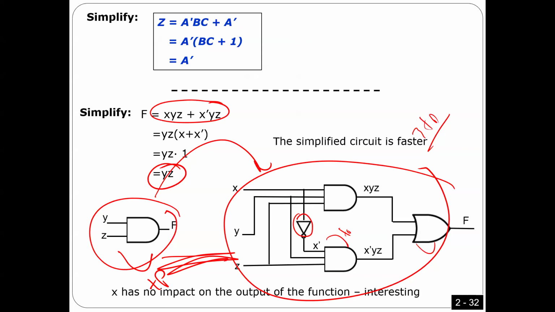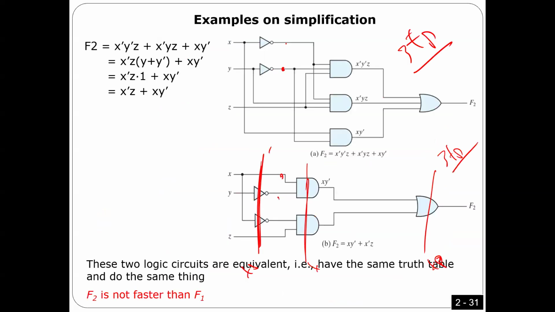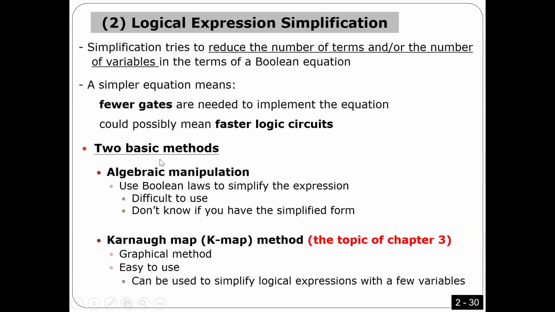Number three, how can we do simplification? I have a function, how can I simplify it? So now you should know what simplification is and why it is important. Number two, how can we do simplification? In this chapter, I'm going to explain how we can do simplification using algebra manipulation.